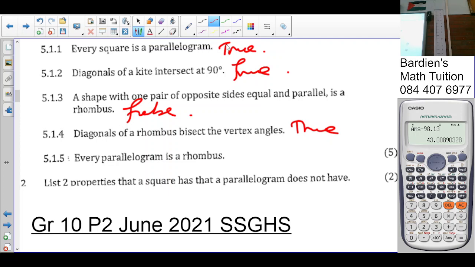Can I answer? Yes. If you can answer, I'll give you a chocolate. Rhombus, a kite is not a square. Is it a square? Yeah. We did that this morning. Wow. Well done.